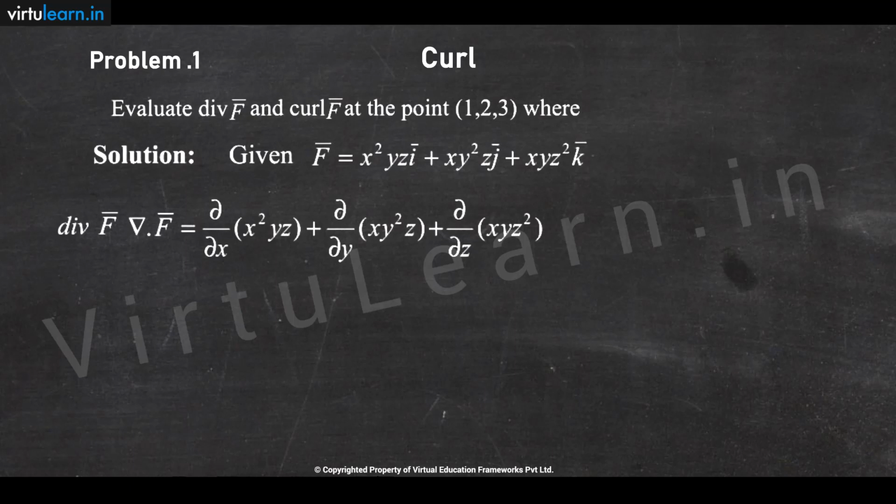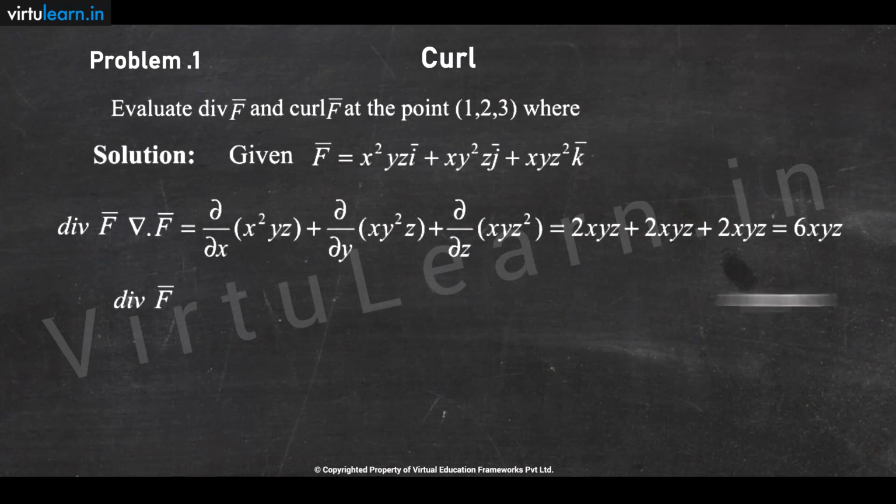We can easily find out that it is equal to 6xyz. So if we want the divergence of f bar at the point 1, 2, 3, we have to substitute 1 for x, 2 for y, 3 for z, and the value becomes 36.